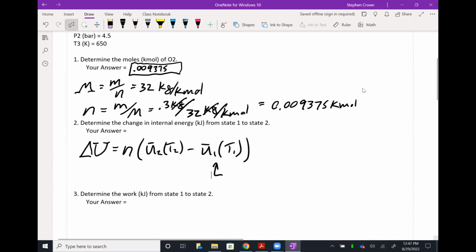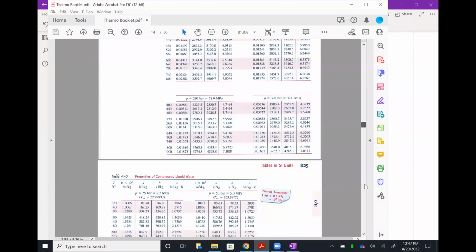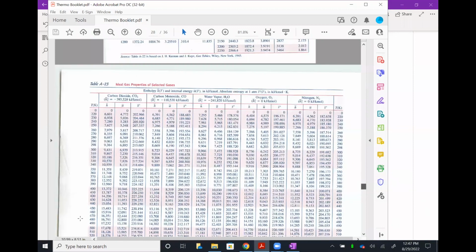We'll have to go quite a ways down. We're looking for table A23, and we find oxygen. We see U bar here, and our temperature T1 is 550 Kelvin.